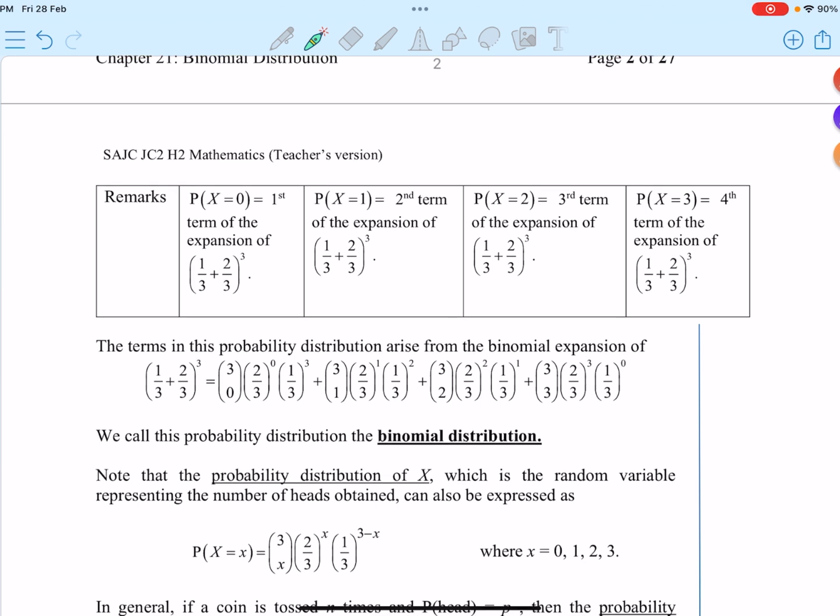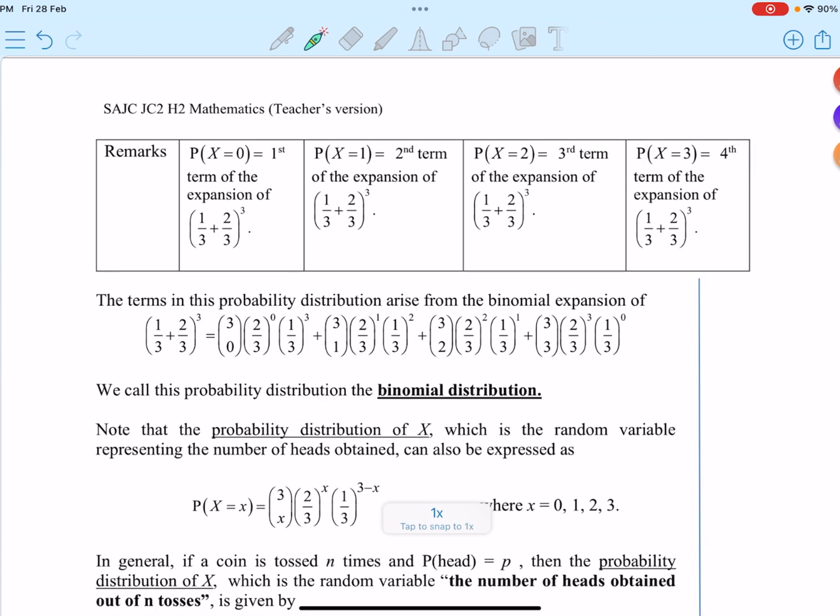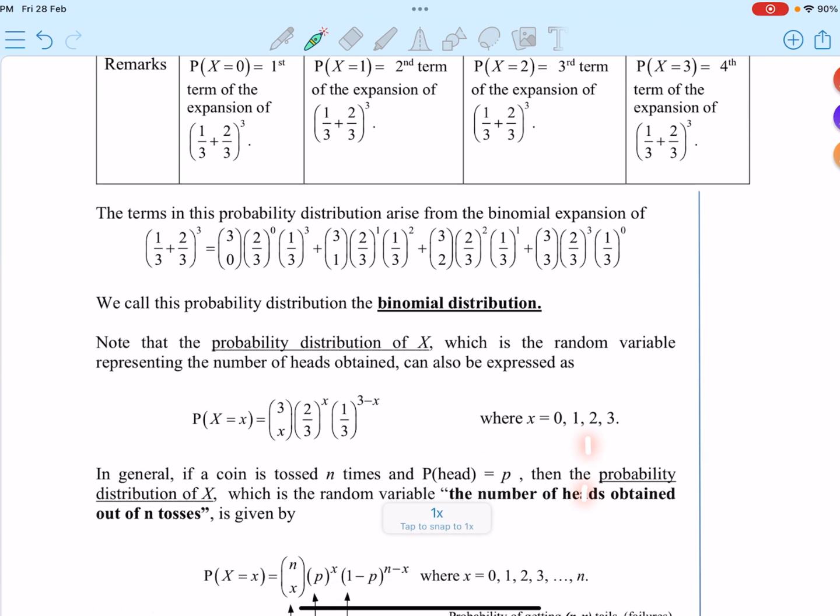So we call this probability distribution the binomial distribution. Note that this probability distribution of x, which is the random variable representing the number of heads obtained, can be expressed in this form.